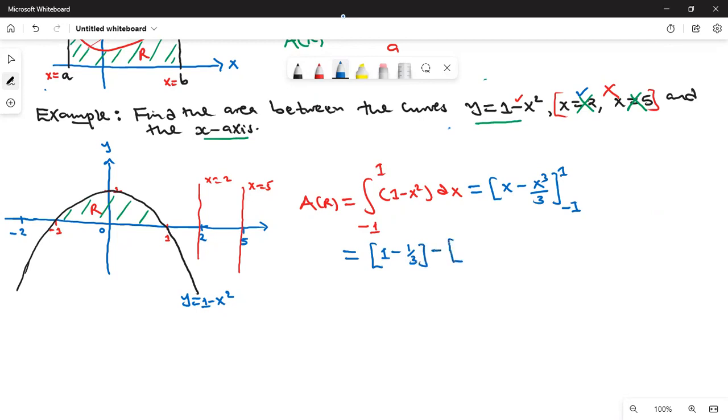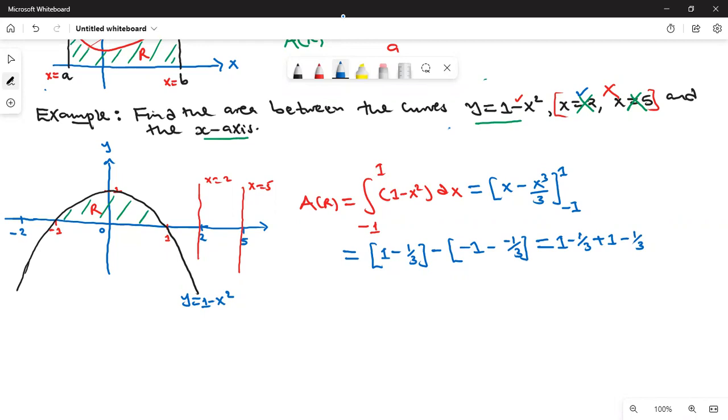Subtract the lower limit, negative 1, minus negative 1 over 3. See, negative 1 cubed is negative 1 still. So this is the same as 1 minus 1 over 3 plus 1 minus 1 over 3, because minus and minus are plus.